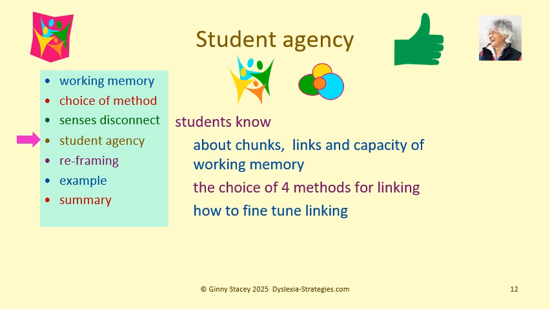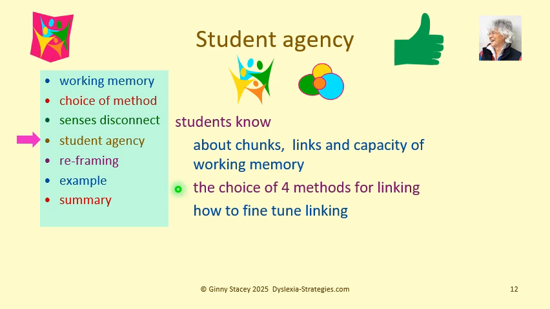So as far as agency is concerned with capturing information, I know this is a repeat of an earlier slide, teachers need to make sure their students know about chunks, that there are 4 of them, that the links between different bits of information materially changes the capacity of working memory. That there are 4 different methods of linking.